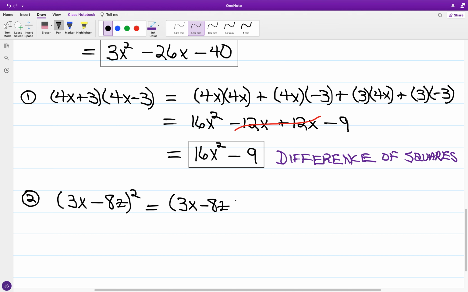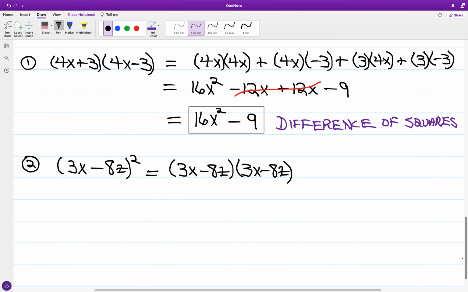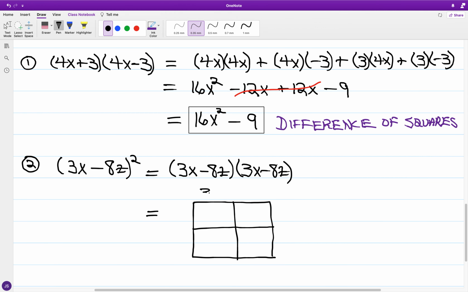So for the square of 3x minus 8z, you have 3x minus 8z times itself. So just setting up the 2x2 matrix.